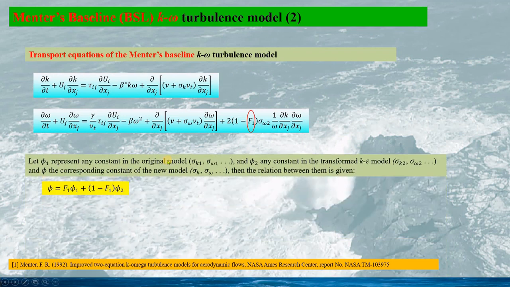So the overall closure coefficients are calculated as phi, given in this formula. Here, phi 1 is the corresponding coefficient for the original K-omega turbulence model, such as sigma K1, sigma omega 1, etc. And phi 2 is any constant in the transformed K-epsilon model, representing sigma K2, sigma omega 2, etc. In the baseline model, the coefficient is given by this blended coefficient phi.